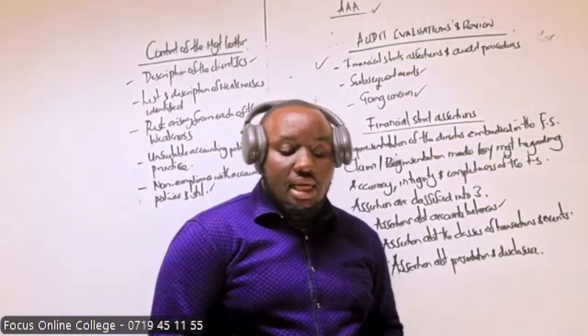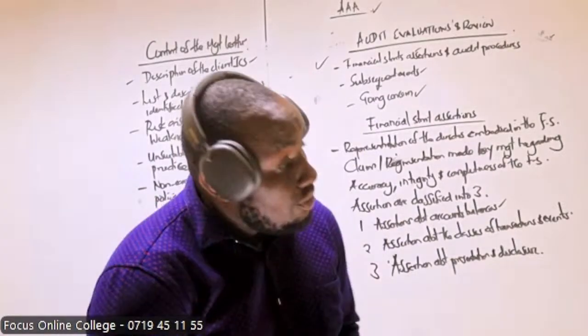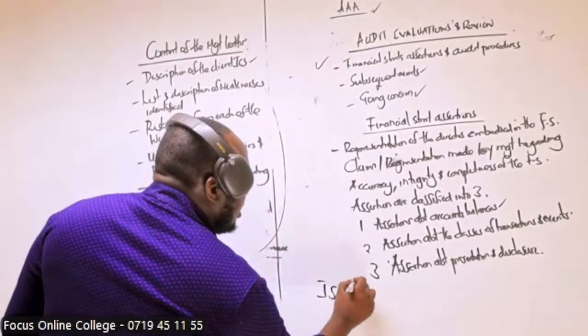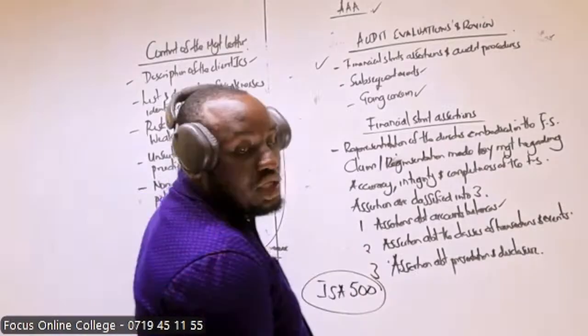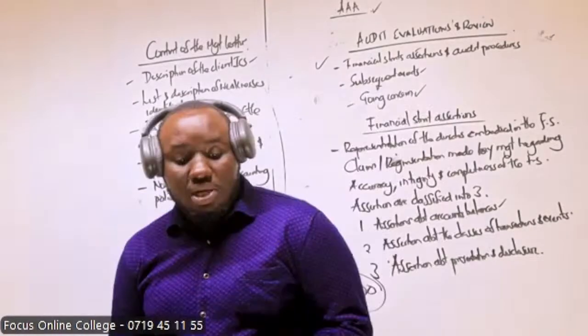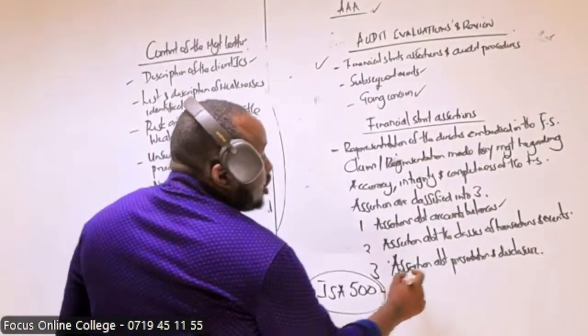When you look at this altogether, when you look at ISA, International Standards of Audit 500. Auditors should use assertions about classes of transactions and events, account balances, and presentation and disclosure. Are we together?